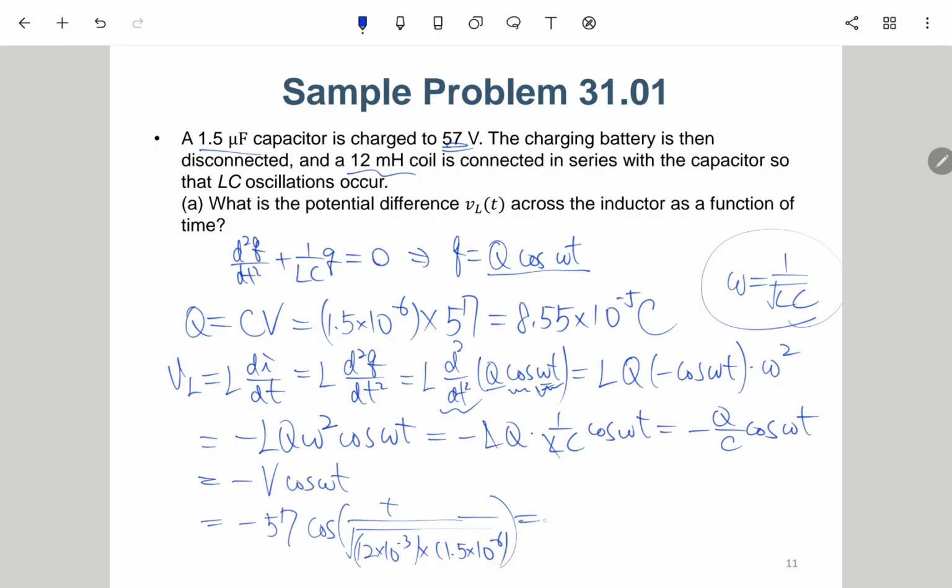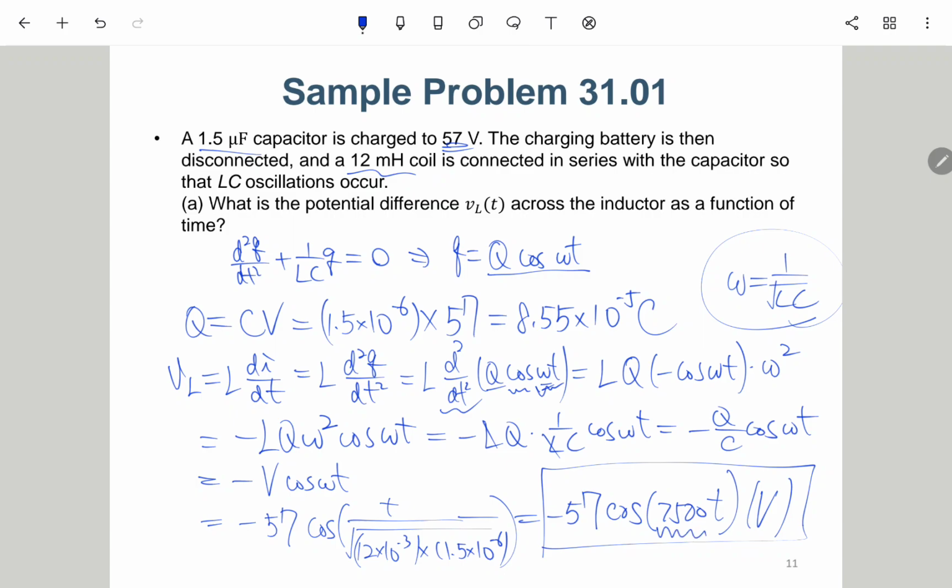So this is negative 57 cosine of 7,500 t. And the SI unit is V.